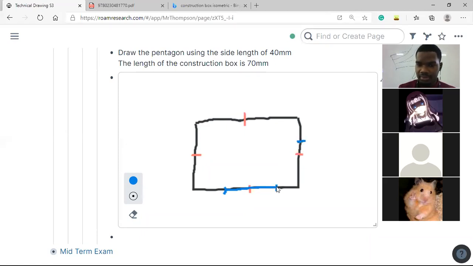And then I connect it back to this point. I measure 40 from this point going up. It's going to be about here. I connect it back. There you go. And then finally, I connect it to the midpoint of the top. Here we go. Finally, that's your pentagon sketch.